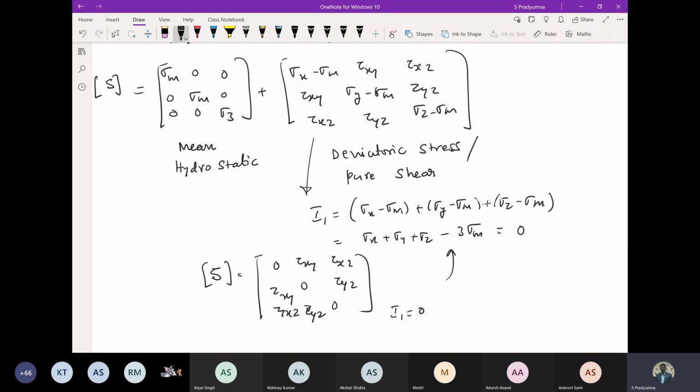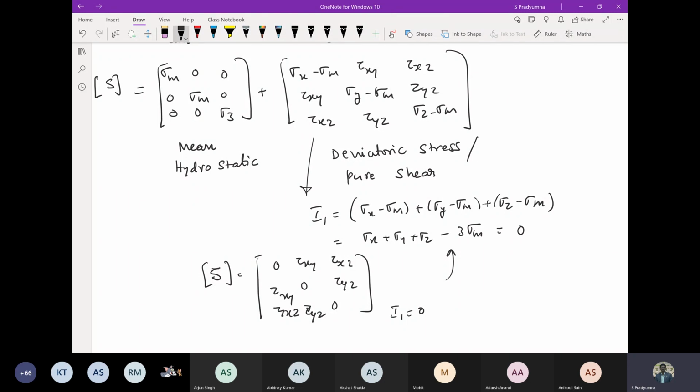This is what we call a necessary condition, and there is some literature where you can find that these are not only necessary but also sufficient conditions. I'm not getting into that. So when I1 is 0, we call it the pure shear case.